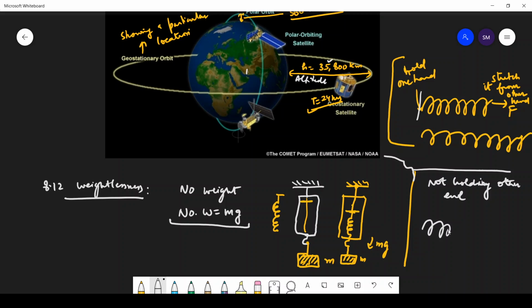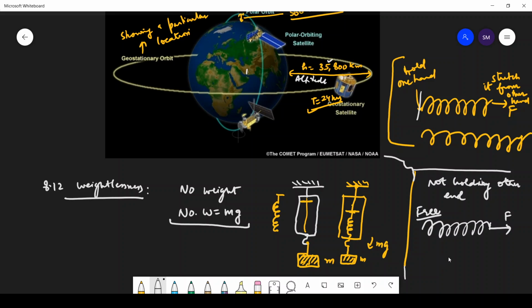This end is free to move, and now you are applying the force on this point. What will happen, students? Will the spring be stretched? No, sir. Of course not.